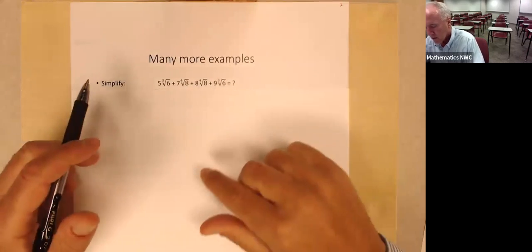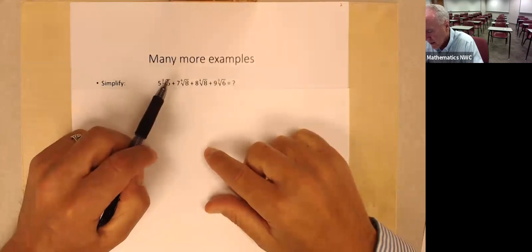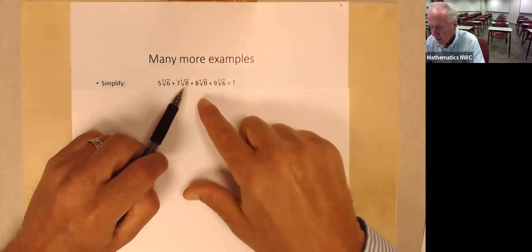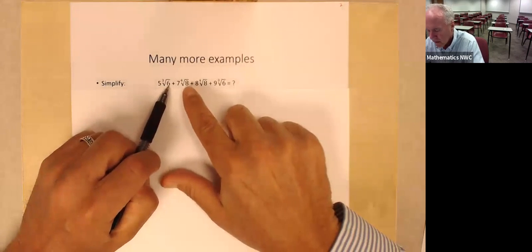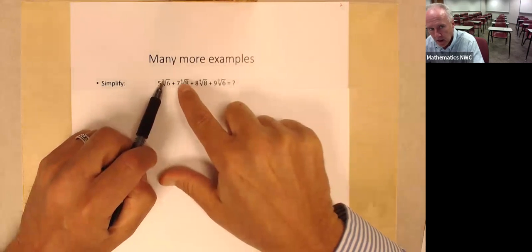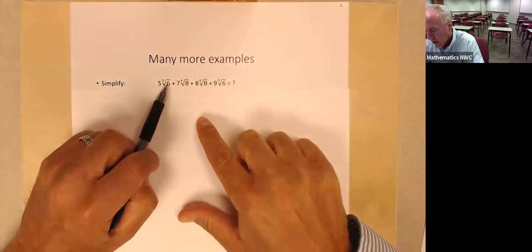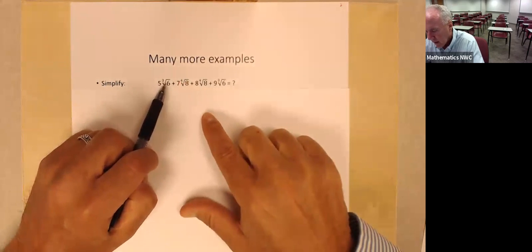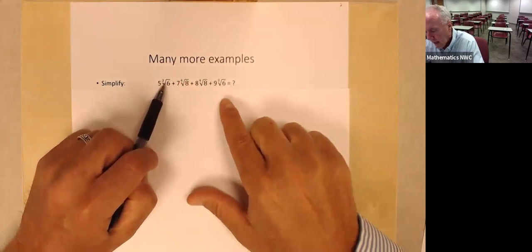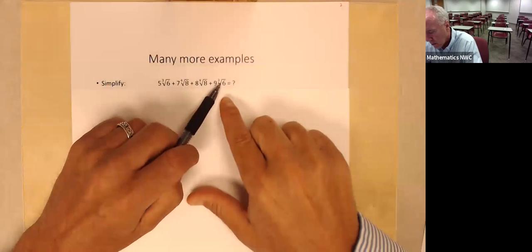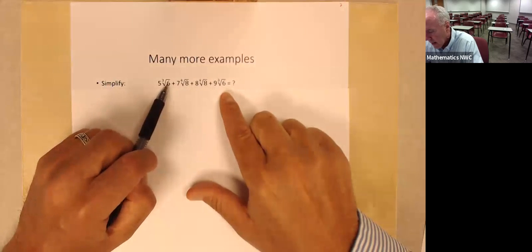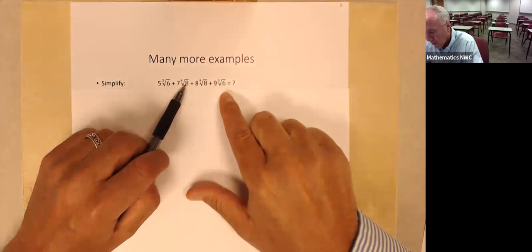Some more examples. Notice this time, I not only went with two different arguments, 6 and 8, but I also went with two different types of roots. A cube root of 6 has to be connected with the cube root of 6. It cannot be connected with the fourth root of 8.